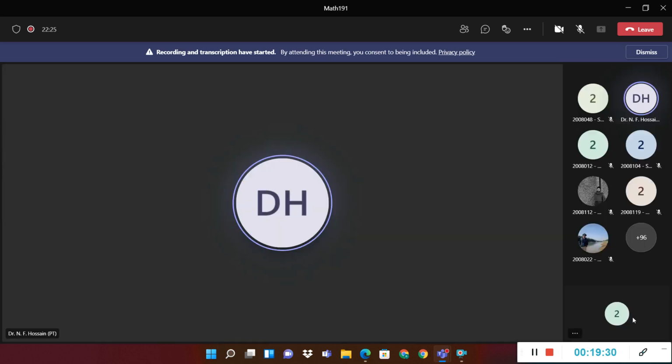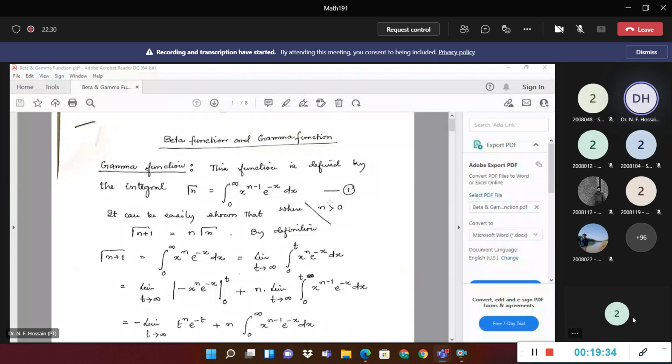Okay, I hope you can see the screen. Beta function and gamma function, very, very important functions.